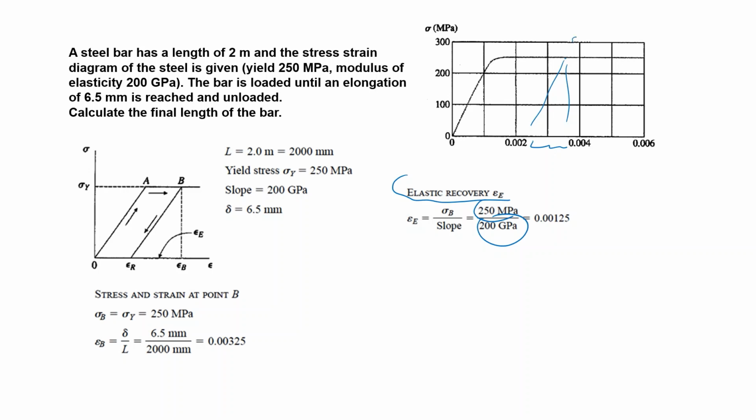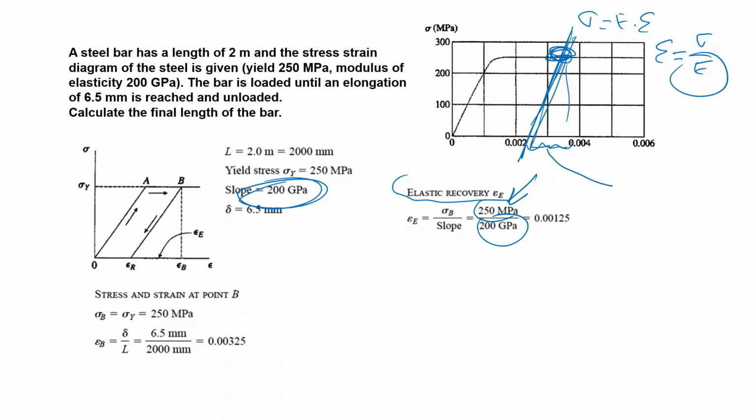You know, this curve is sigma equals E times epsilon, and epsilon is sigma over E. Sigma is 250 at this point. E is the elastic modulus, is given as 200, and this elastic recovered strain is 0.00125.